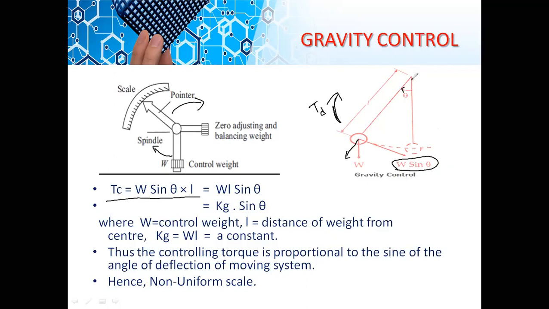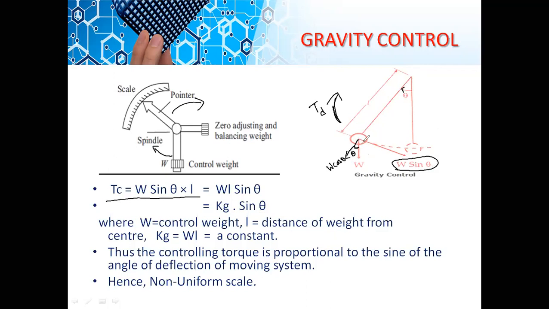We can see that this vertical line and the line of force of gravity pull, or weight, are both parallel, and this is the line joining the center and the weight. So this angle is also theta. If this is the weight acting in the downward direction, we can split it into two components. This is going to be W cos theta and this is W sine theta, and the force that is opposing the deflecting torque is W sine theta.